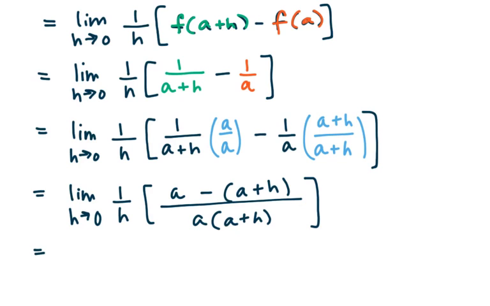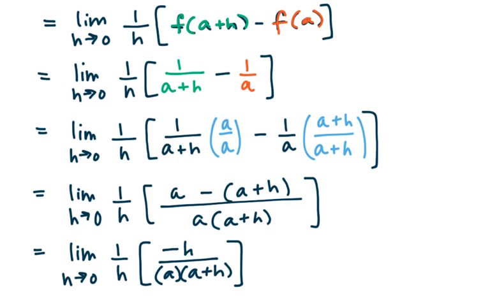Simplifying in the numerator, this is the limit as h goes to 0 of 1 over h. A minus a cancels, and then that minus right here is going to distribute to this h. So I have minus h over a times a plus h.